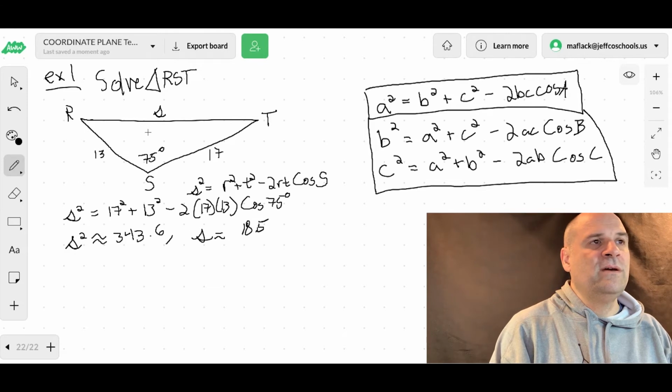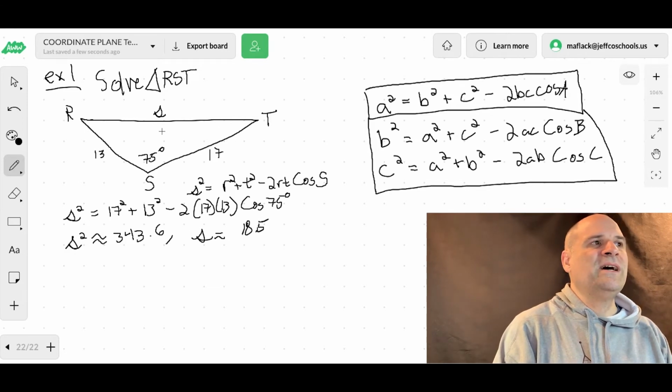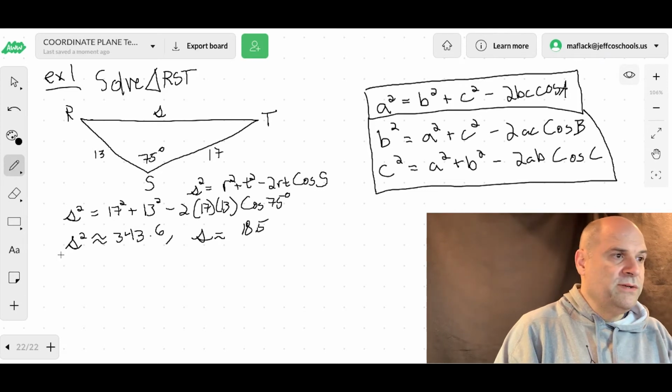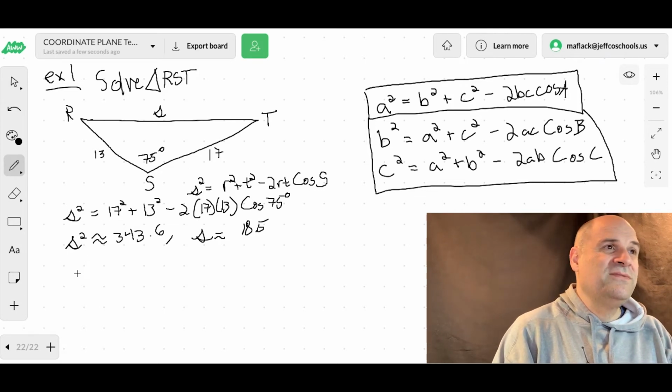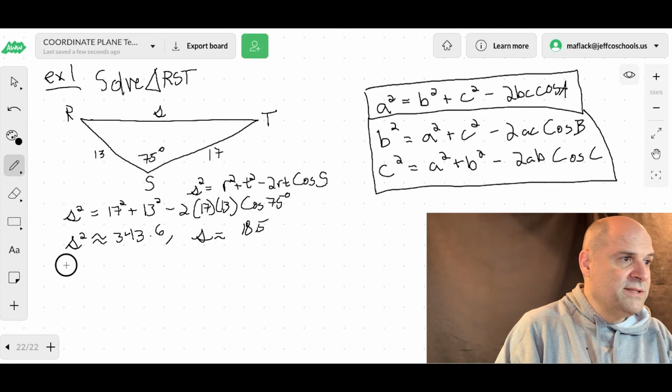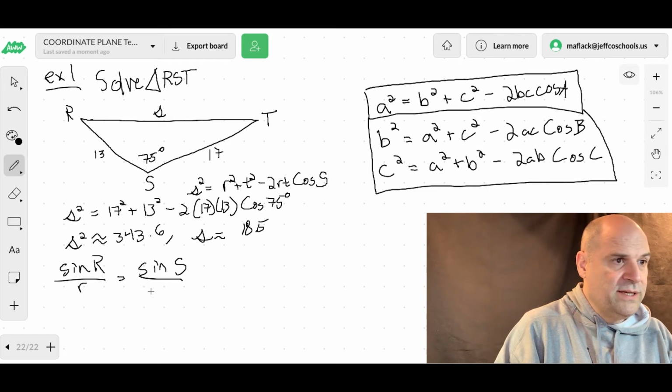Now we have s, but we still have to find angles R and T. Normally, if you have two angles, you can find the third, so we just need one of them. Let's find angle R. We're going to use the law of sines: sine of R over lowercase r equals sine of S over lowercase s.